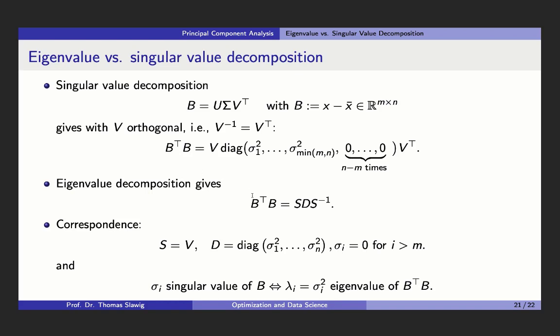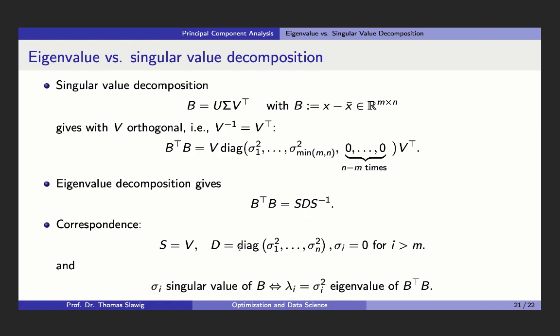The eigenvalue decomposition directly gives us B transpose B, because we applied it on B transpose B. It gave us S D S minus 1. So the correspondence is that S is equal to V, because these two things are the same.